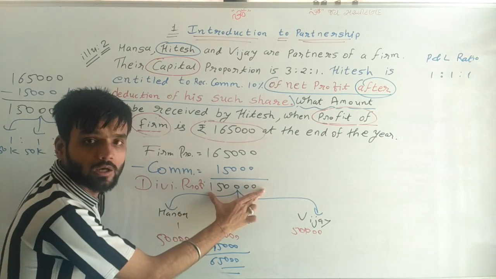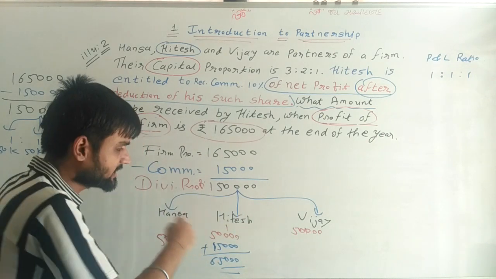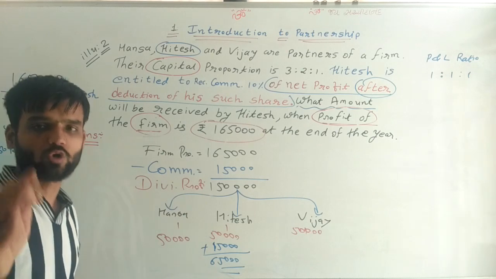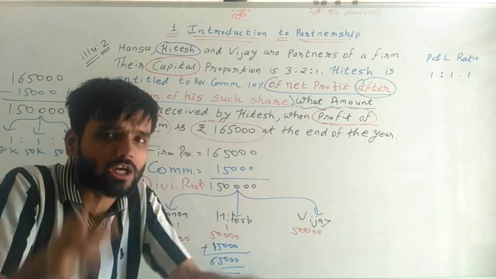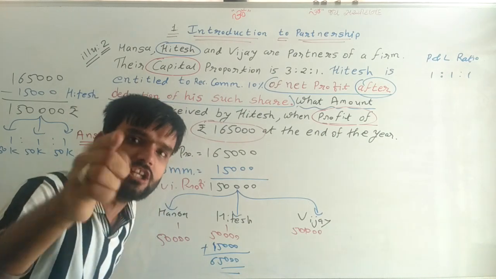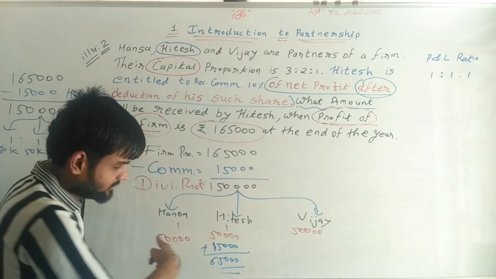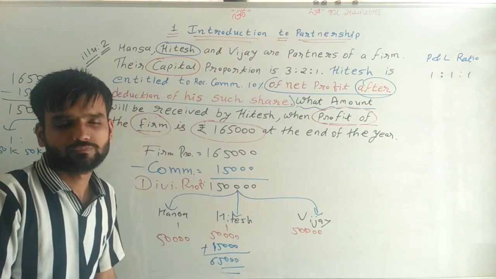That's why it is called divisible profit. The profit which can be distributed among the partners is called divisible profit, and it is distributed among the partners.